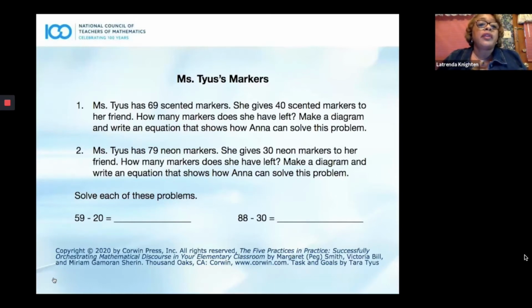I want you to think about what are some things that students should know and be able to do to be successful on this task. Please use the chat box to document your thinking.